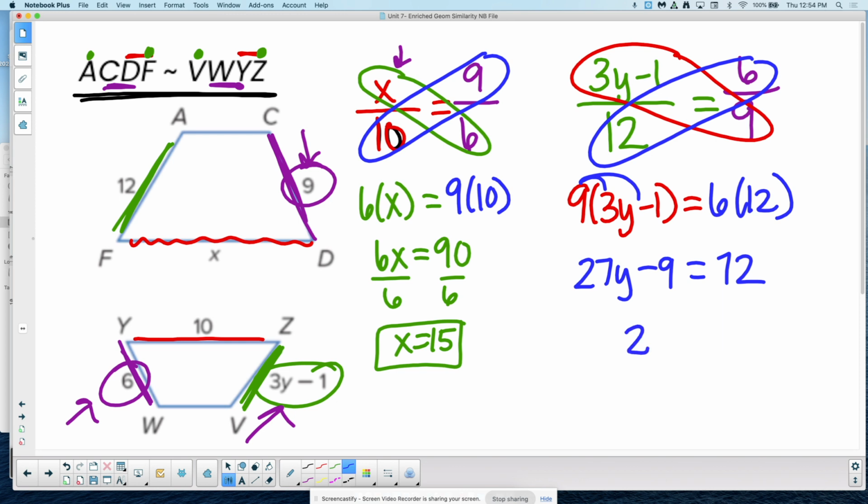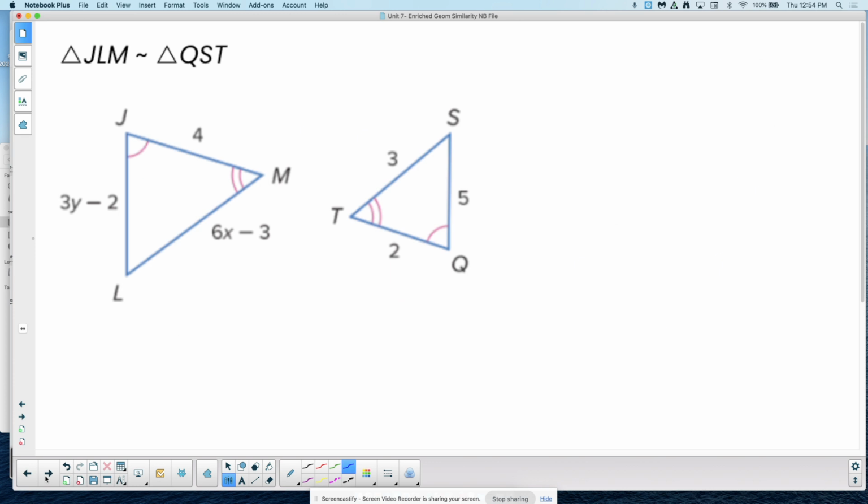Add over our 9. Divide by 27, and we should get 3. Perfect. Kind of confusing, but the more we do, the more it will make sense. So let's try it one more time just to maybe hit it home.